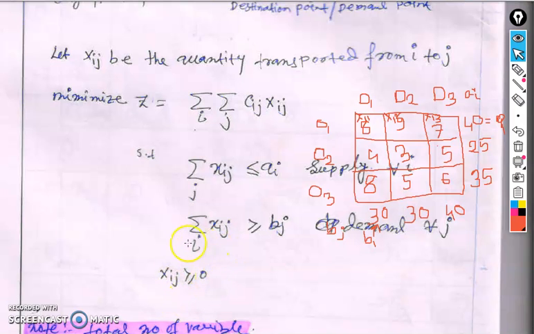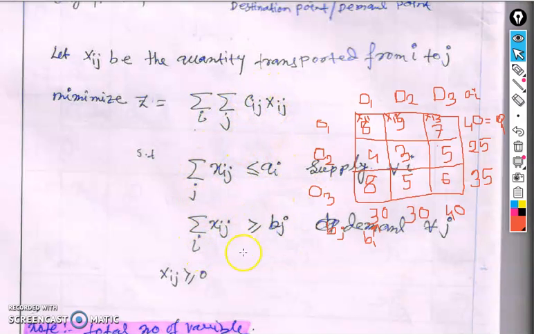Our goal is to supply this quantity to the suitable destination points such that the cost should be minimum. So here we use the objective function z. Our goal is to minimize this. That means the objective function is linear, therefore it's a linear programming problem.